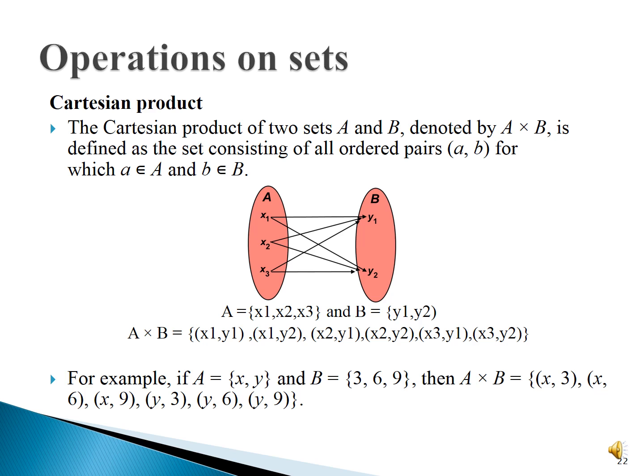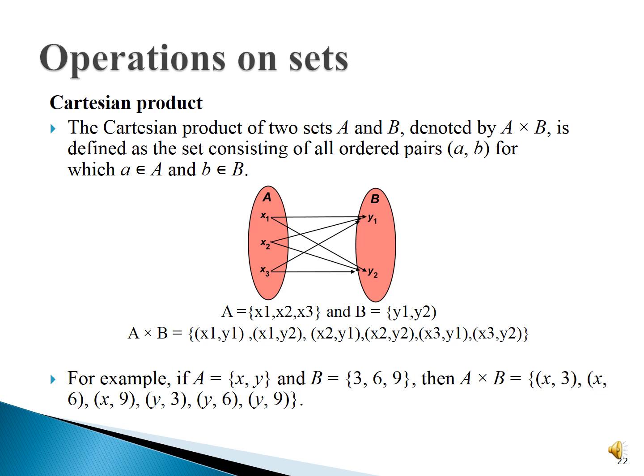We'll see one example. If A equals {x, y}, A is a set which has elements x and y. We have another set B which contains the elements 3, 6, 9. Then what will be the Cartesian product of A and B? It will be all the ordered pairs of A and B. So the first pair will be x, 3.